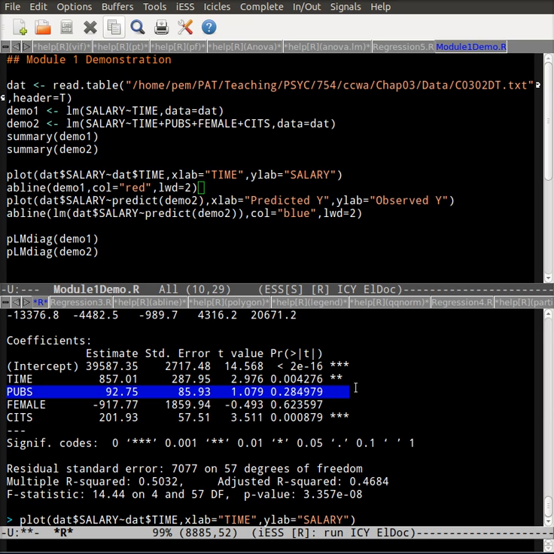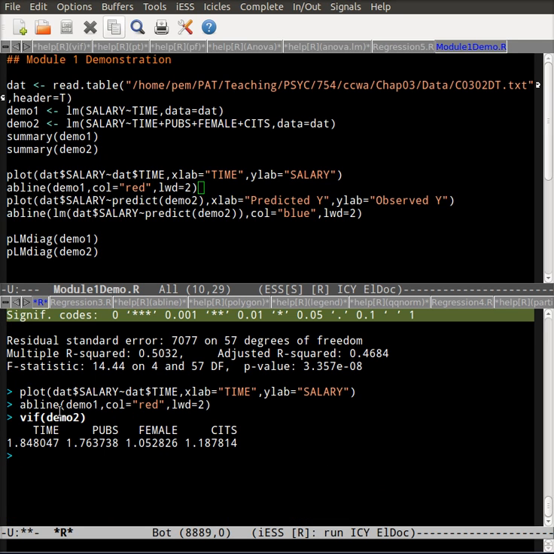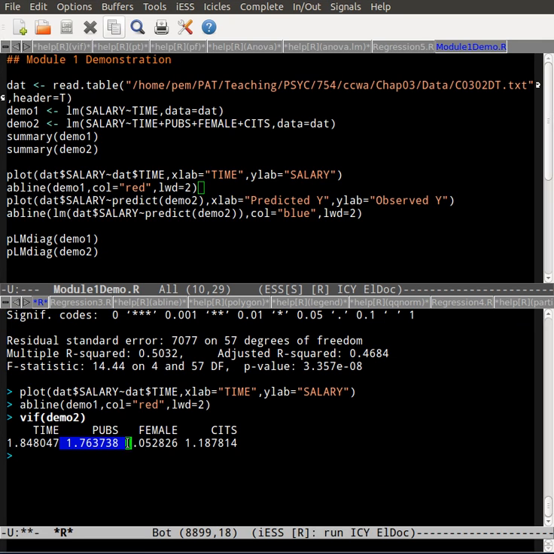Pubs is not significant, and so there is potential that multicollinearity has inflated the standard error estimate sufficiently to make pubs no longer a significant predictor. What we can do is find out which one is most collinear, probably time and pubs, because these probably go together.